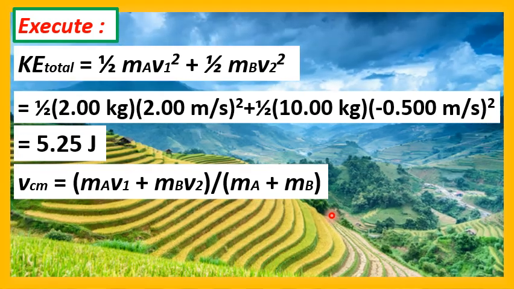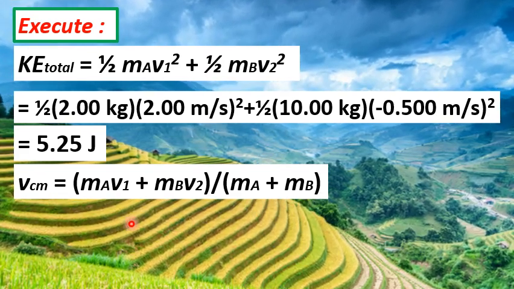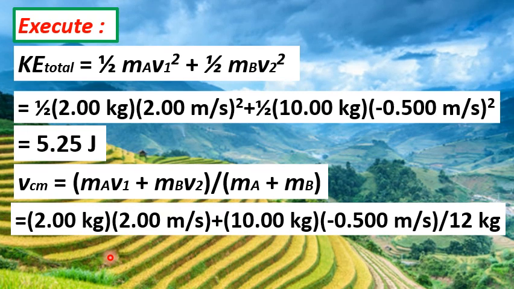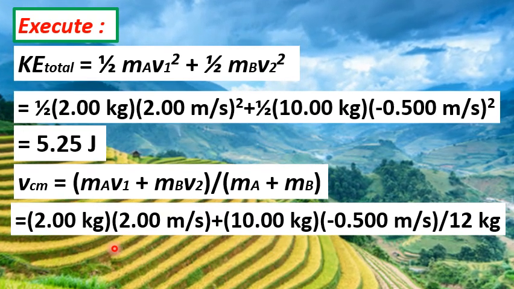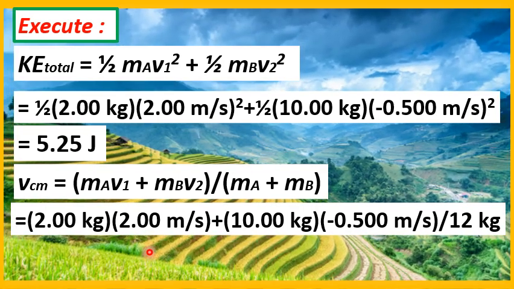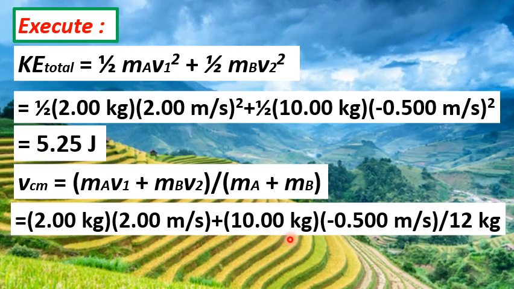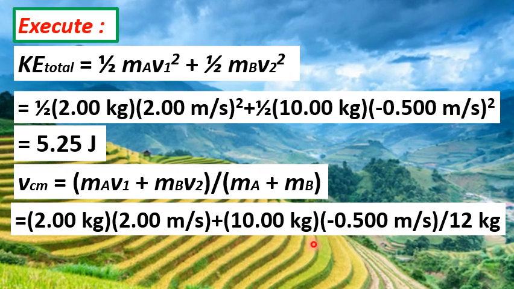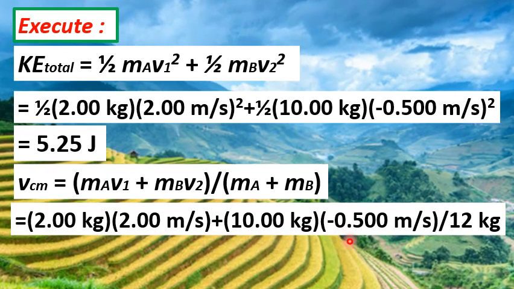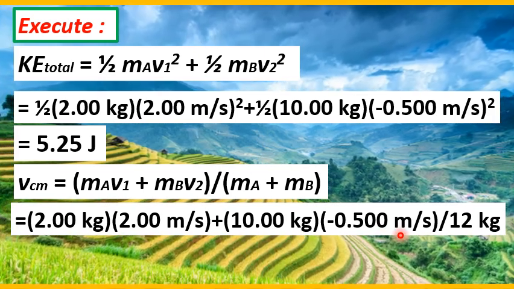So, substituting the given data, v_cm is equal to 2.00 kilograms, that's the mass of block A, times its velocity before the collision, 2.00 meters per second, plus that of block B, whose mass is 10.00 kilograms, times its velocity before the collision, 0.500 meters per second, then all over their total mass, which is 12 kilograms.